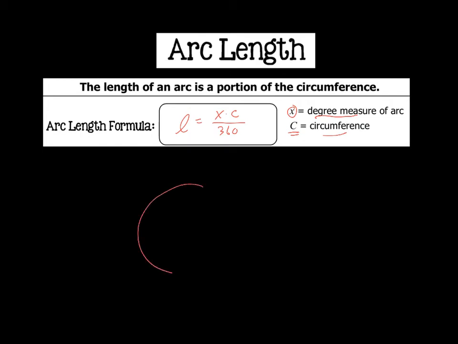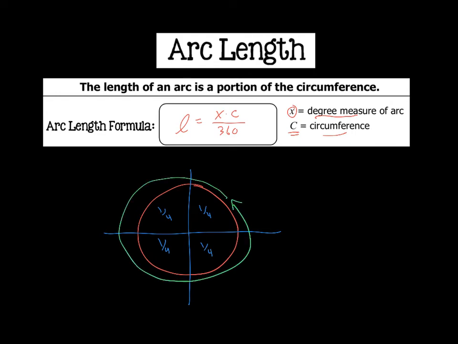If we took a circle and divided it into fourths, this is 1/4 of the circle, this is 1/4, this is 1/4, this is 1/4. The distance around the circle is its circumference.